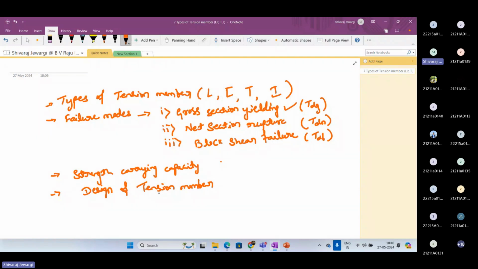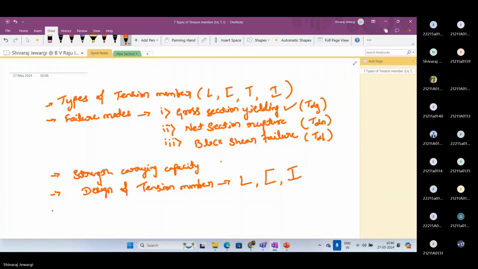Say for example, 100 kilonewton is a load, which is a tension load. For this load, you need to design a section. You can suggest the member as an angle section. Maybe in the problem or in the design, they may ask you to design an angle section, or a channel section, or to adopt an I section. Based on this, you have to choose accordingly and then design.